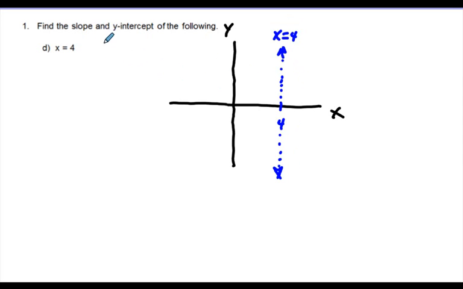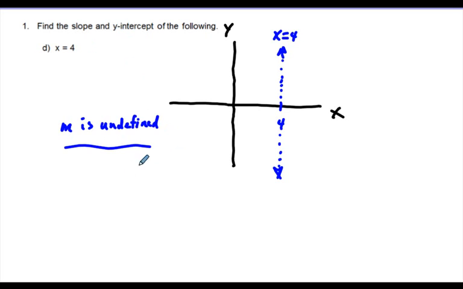So what is the slope? Well, this x equals 4 is not a function. A vertical line is not a function. So we don't say m equals; we say m, or the slope, is undefined.